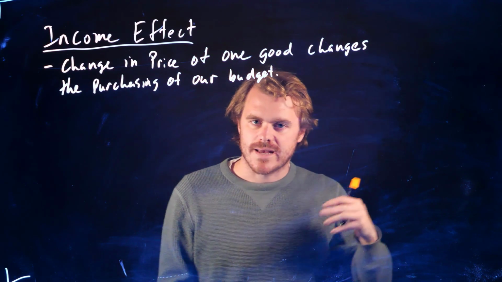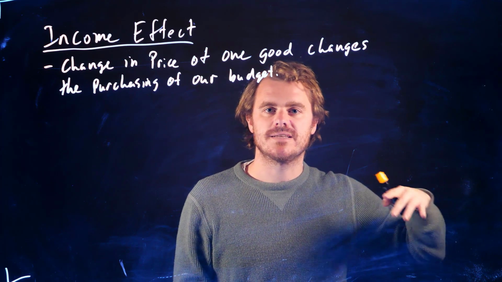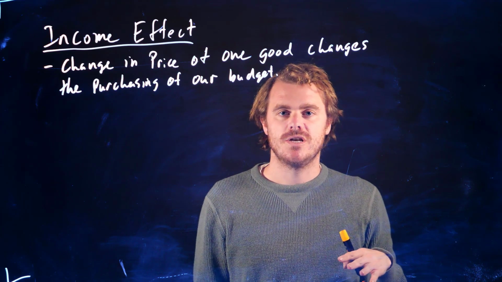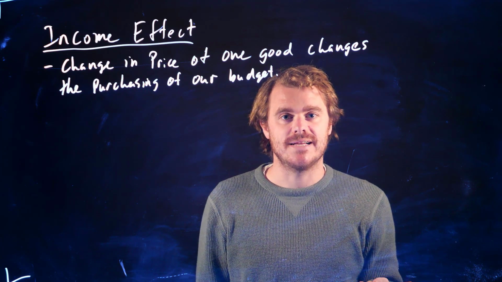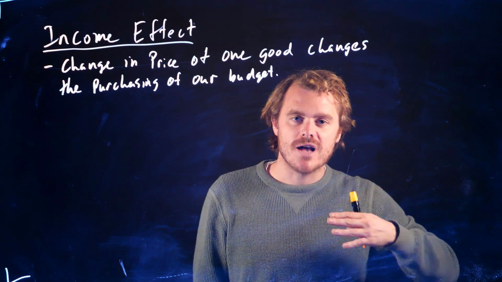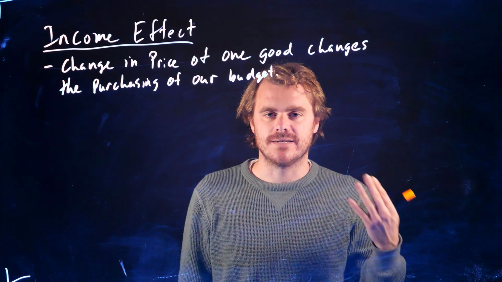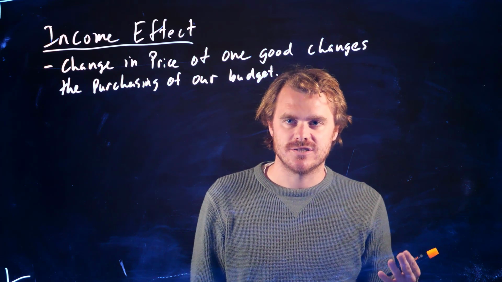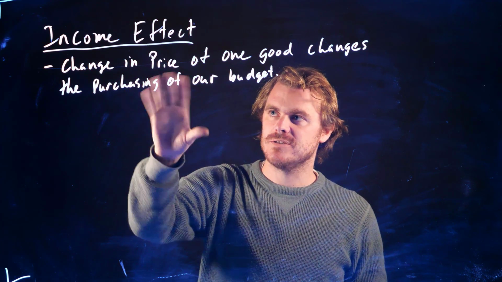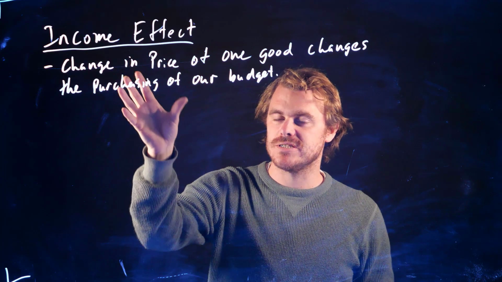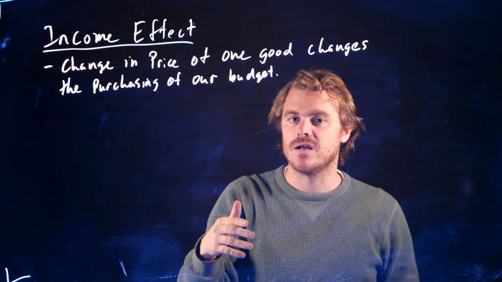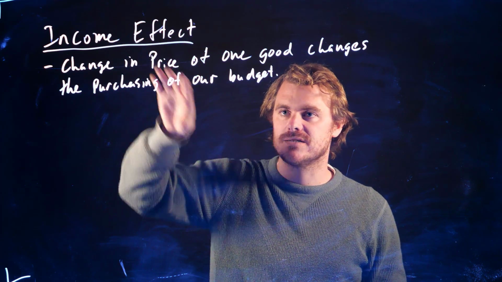So for instance, like I was alluding to before, let's say the prices in Kingston double next week, but your budget remains the same. Your purchasing power is cut in half in that sense. So even though it's a price change, it's causing our income to change, our real income, our purchasing power to change. So that's what we're capturing, this income effect. Changes in consumption due to this change in the purchasing power, we're going to call the income effect.